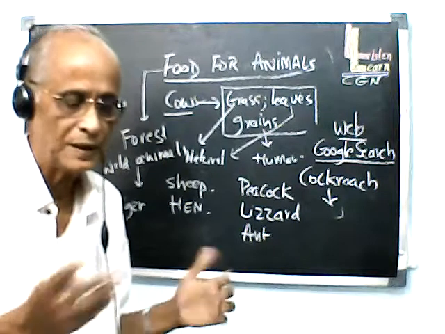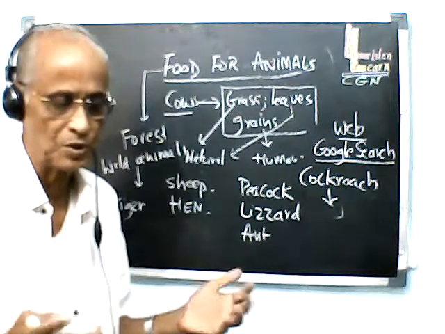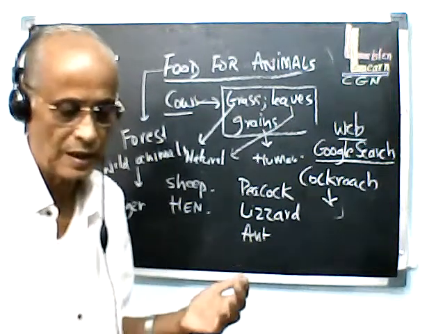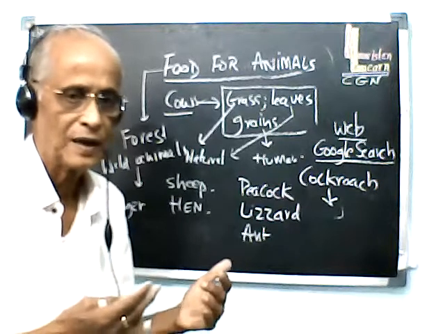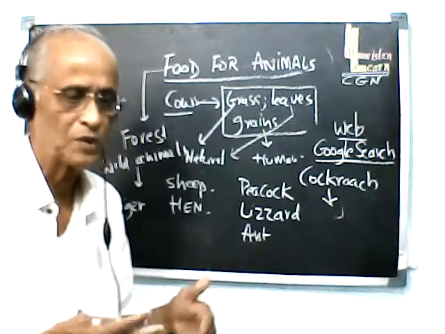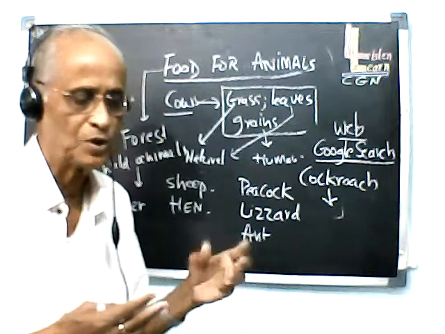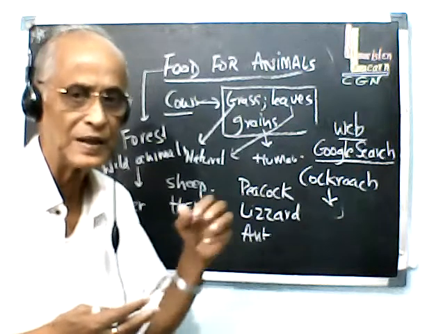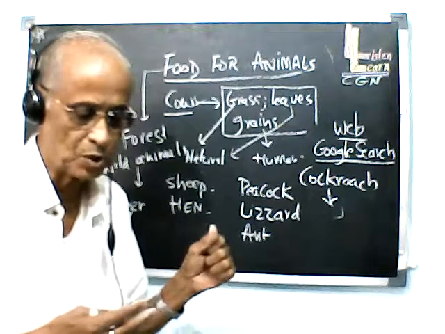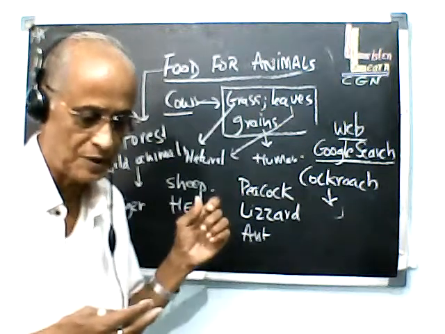Different people eat different types of food. They are called varieties of food. Any food we take is a combination of more than one type of food, or we call food contains many ingredients.